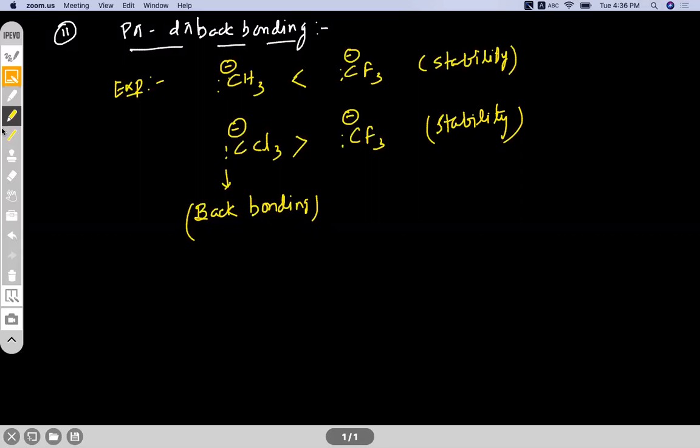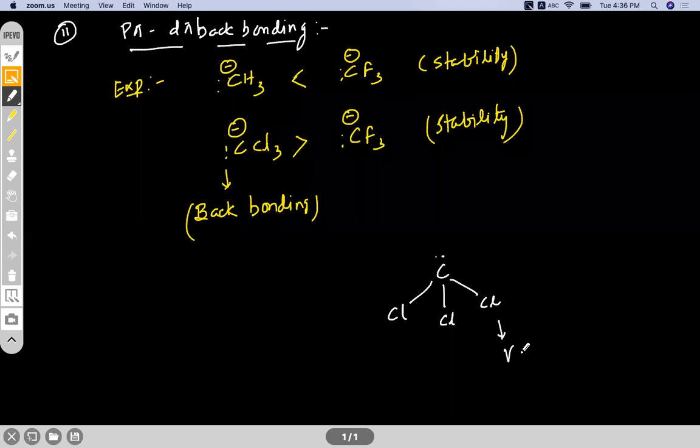So what happens, you see, it is a kind of resonance we have here. Carbon with 3 chlorine atoms, and we know chlorine belongs to the third period, right? So each chlorine atom has vacant d orbital.